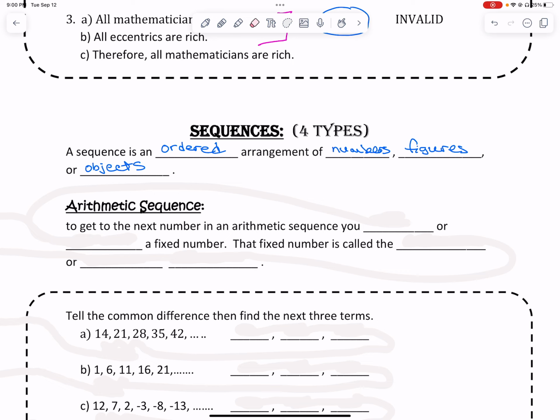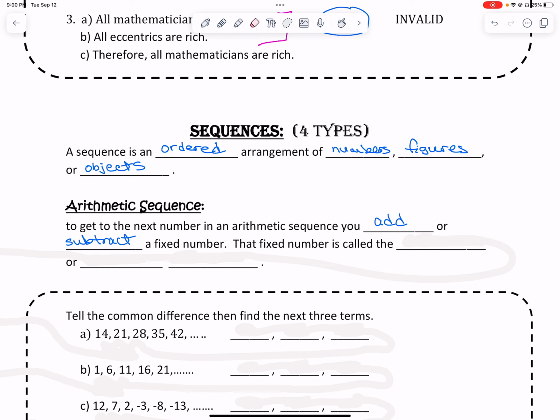But let's talk about specific kinds of sequences. The first one we're going to look at is an arithmetic sequence. To go from one number to the next, you're going to add or subtract the same fixed number.